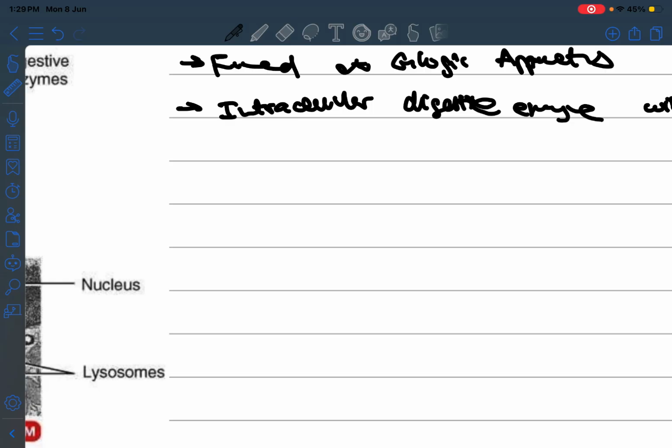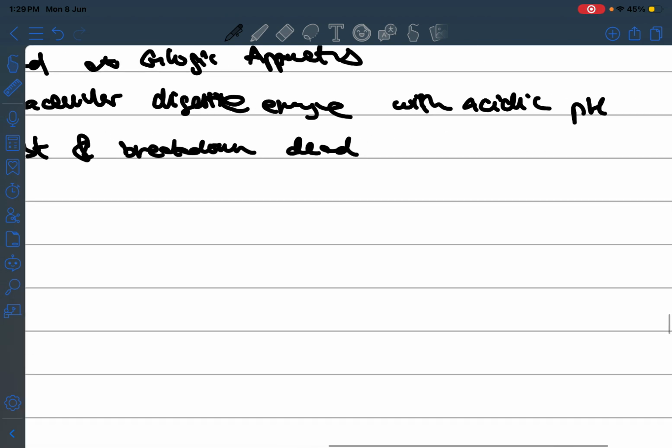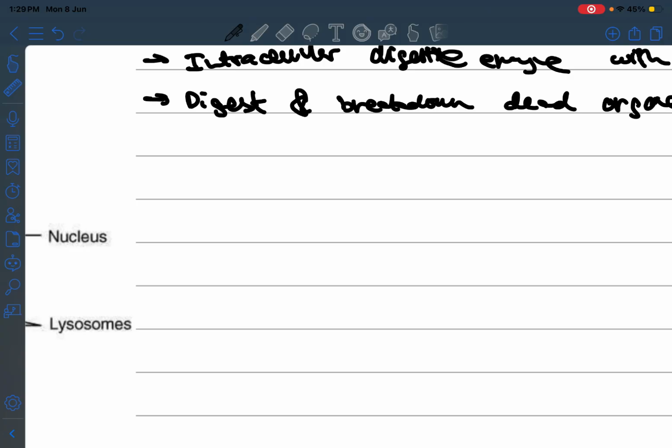Their main thing is that they break down and digest dead organelles. They're also involved in breaking down non-functional organelles.